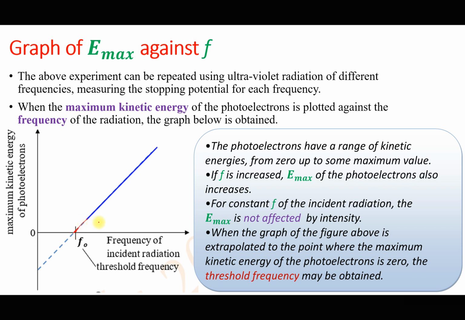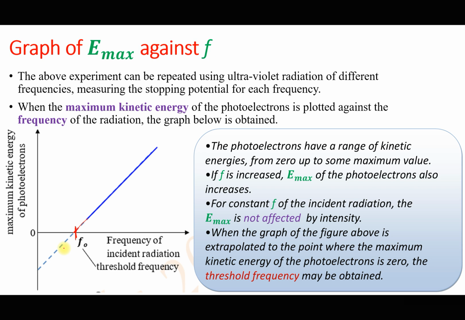Where it cuts the x-axis is the frequency for which the maximum kinetic energy of the electrons is 0, and this frequency is called the threshold frequency. At this point, the electrons have been released from the metal surface, but they don't have energy to move away from the metal surface, so they remain hanging around the metal surface. That frequency is what we call the threshold frequency.